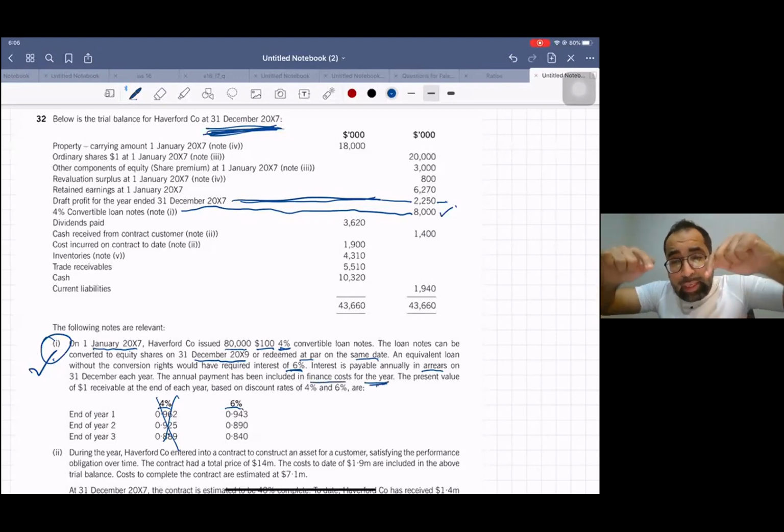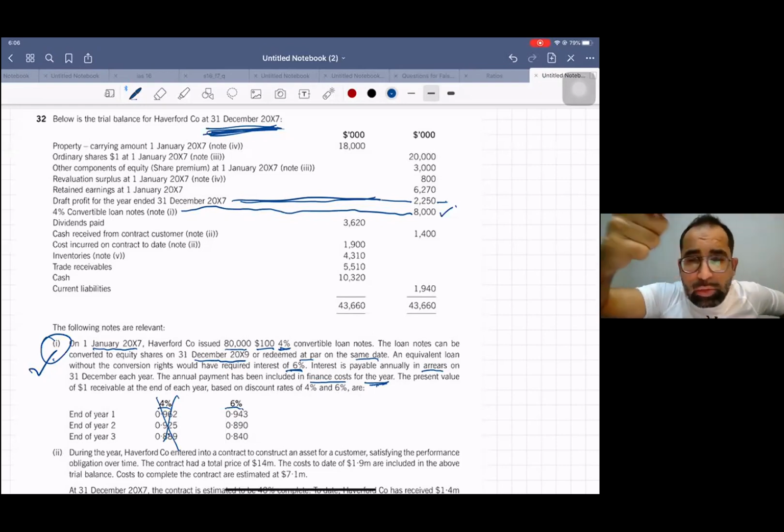Once again, the cash finance cost has already been adjusted, which means it has already been deducted in arriving at the profit. So the cash finance cost, interest paid, has already been adjusted. We need to adjust the remaining amount as we did in the last question.